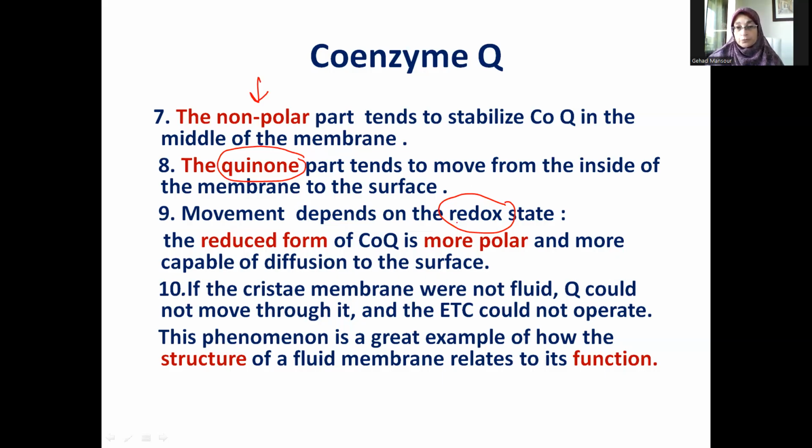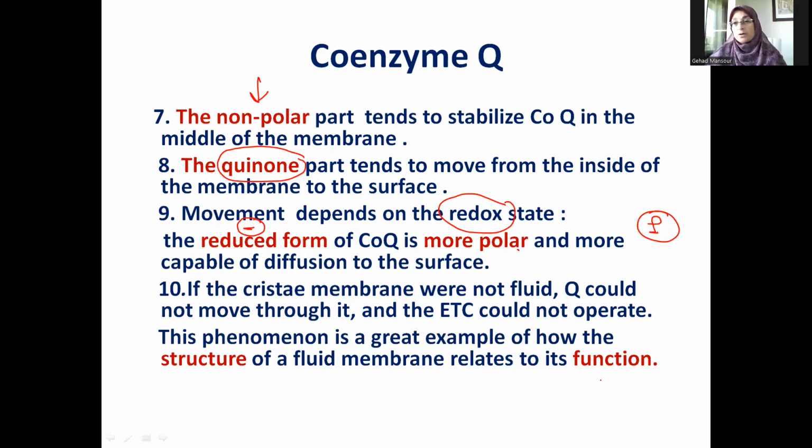So the reduced form of coenzyme Q, meaning when it gains electrons, will become more polar, and when it becomes more polar, as I told you at the beginning of the presentation, it will become attracted to the phosphate heads, and it will move more towards the phosphate head.